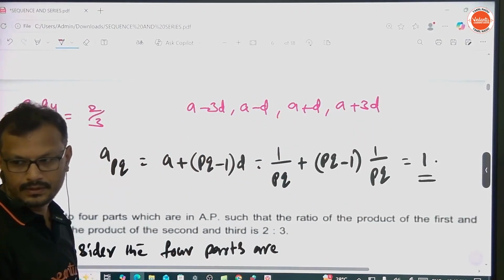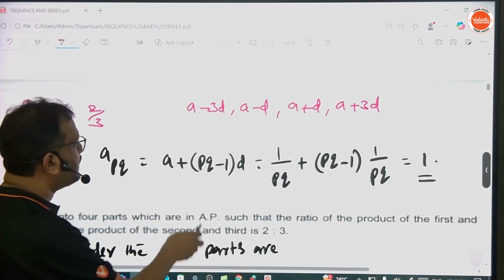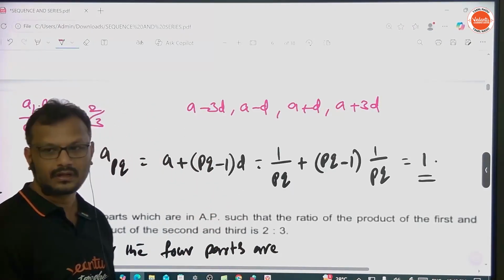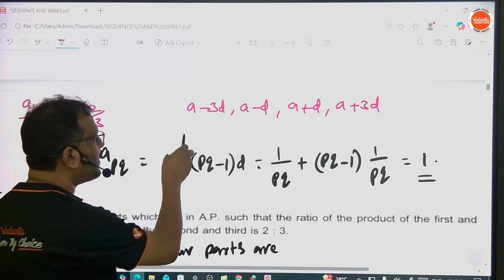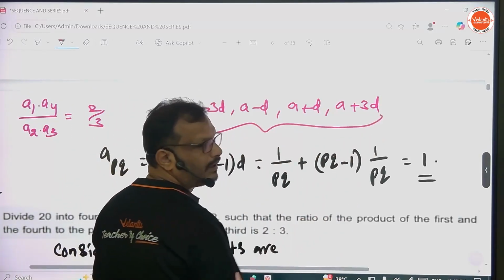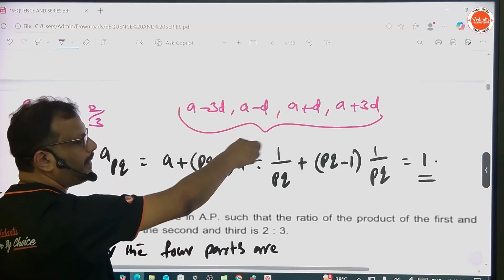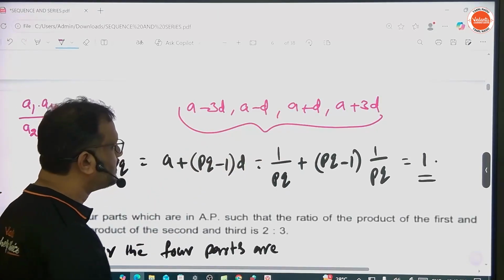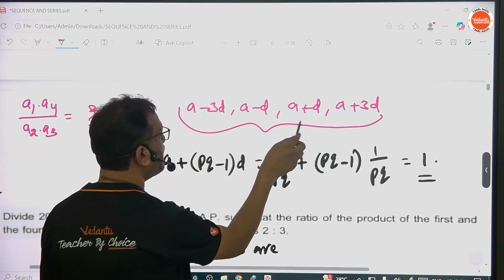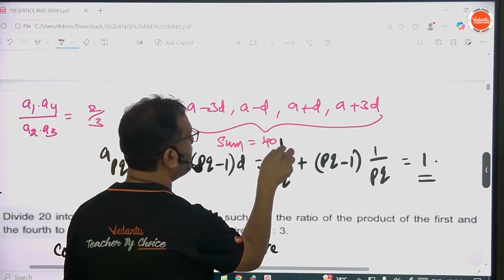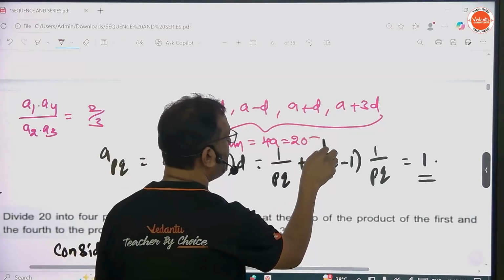So these are the numbers we will consider. Obviously from there you will get the A value, no? When you add them, 4A will come. Which number do we divide into 4 parts basically? 20. So 20 means the sum of these numbers must be 20, and they are already in AP. So what is the sum of all these numbers? Sum equals 4A. 4A must be equal to 20. And the A value?